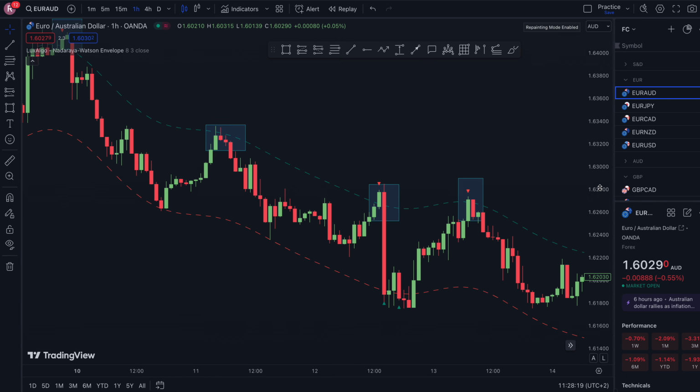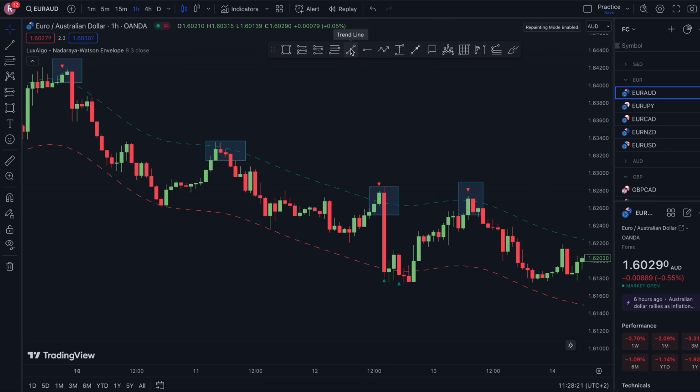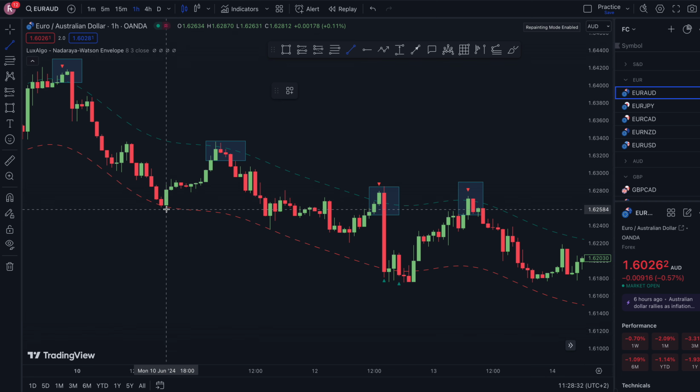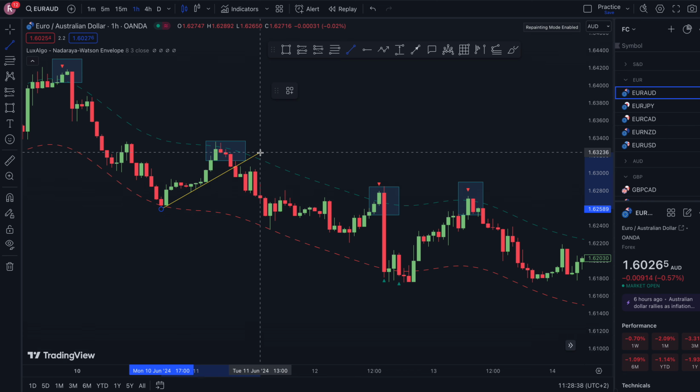We're going to use our breakout strategy. So you're going to take your trend line, which is right here, and you can find it by going to your lines, and it's pretty much the first tool. You want to click on your star tool so it's always available for you. So you want to draw from your most recent low. Make sure you have multiple touches.